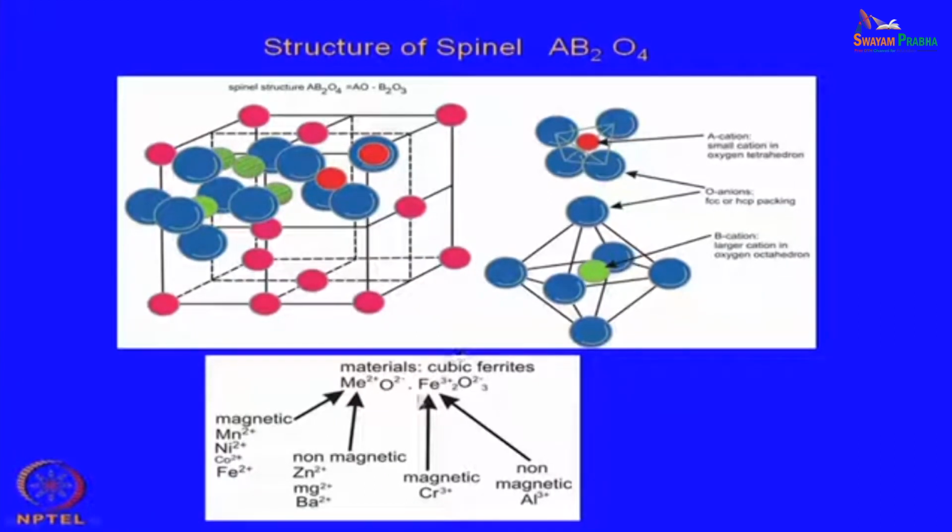When one of the compounds is Fe, that is called ferrite. Okay. So the ferrites are named not from the point of view of the crystal structure, but from the point of view of their properties.